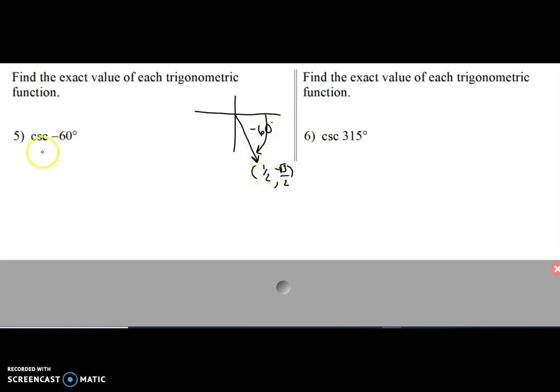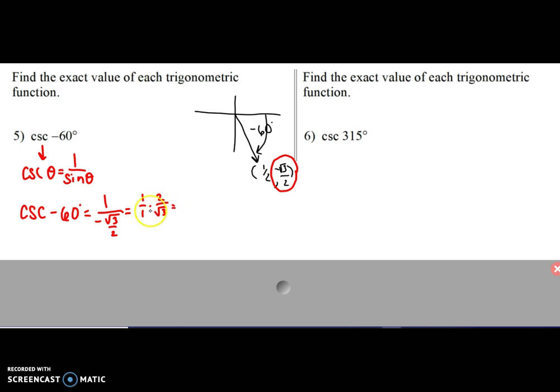All right, so now let's think, cosecant of any angle is 1 over the sine of the angle. So that means that the cosecant of negative 60 degrees is going to be equal to 1 over, well, whatever the sine is. So negative square root of 3 over 2. Again, we'll do 1 over 1 times 2 over the square root of 3.